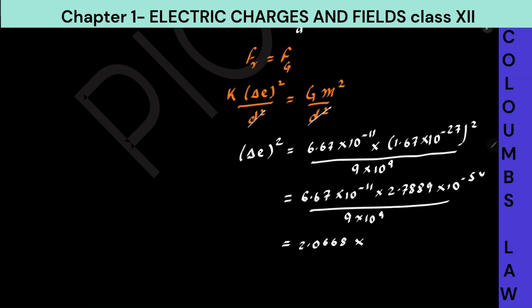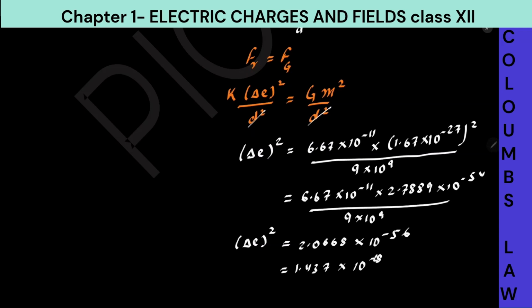Let me simplify 10 to the power 11 and 54, that will be how much? 65 minus 9, that will be minus 56. So 10 to the power minus 56, that will be our delta E square. Let's simplify it further. So here if we take the root of 2.0668, that will give us nearly 1.437, okay, and into 10 to the power minus 56, divided by 2, that's nearly 10 to the power minus 28.